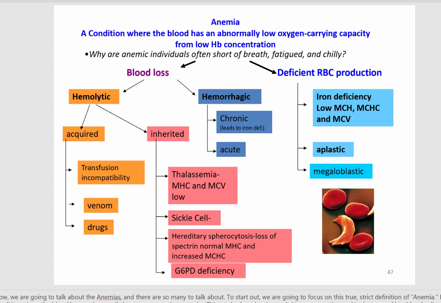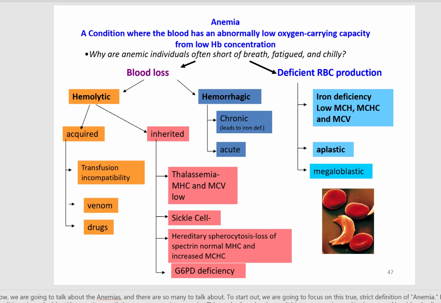Maybe you are a female that has a heavy menstrual flow. Or do you have an acute hemorrhagic issue? Did the great white shark bite off your forearm? You lived to tell the tale, but you had significant blood loss, but acutely, meaning short term, significant when it happened, but short term.